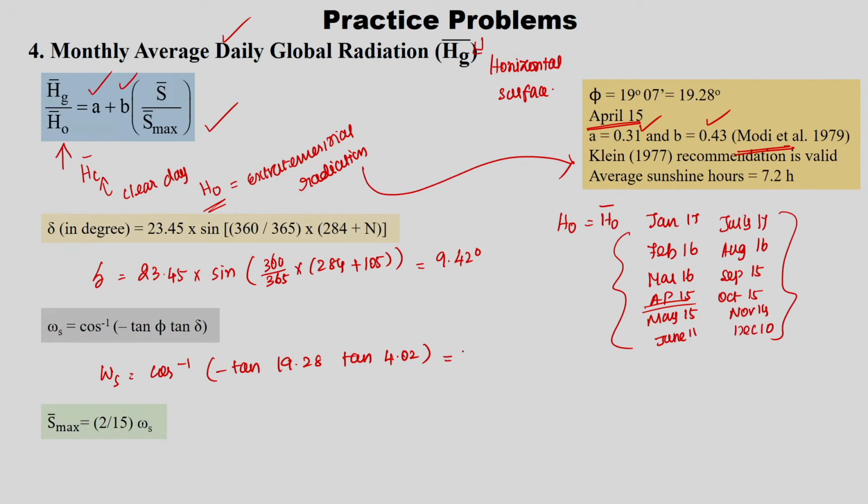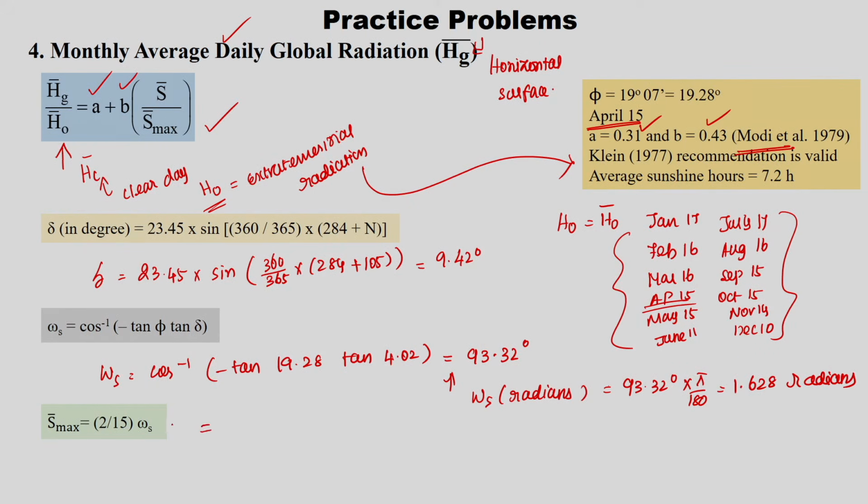If we calculate, omega s is coming as 93.32 degrees. Somewhere in the formula of H naught we are supposed to use omega s in radians as well, so this 93.32 degrees is converted into radians, which is coming around 1.628 radians.